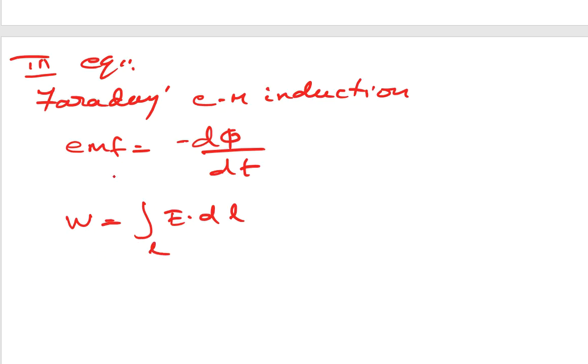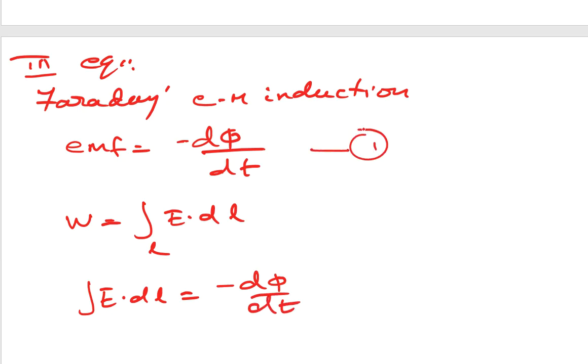Now if you compare these two things, the work done, the EMF will be, E dot dl equal to minus d phi by dt. This is equations 1, 2 and 3.